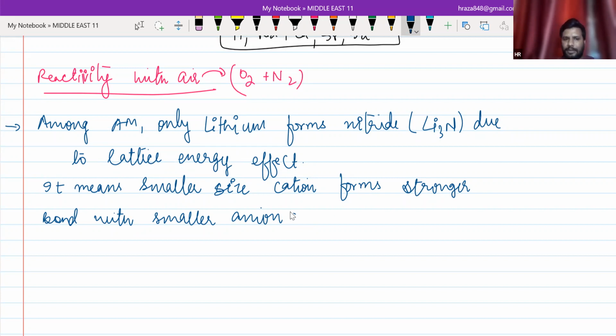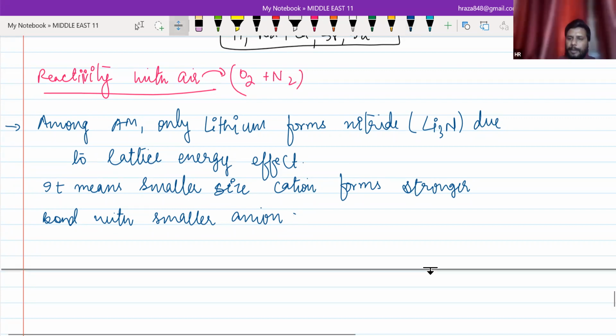This is basically the lattice energy effect. Lithium will have lower energy and nitrogen will have higher energy. When they combine with each other, the energy will compensate, and that's why only lithium forms nitride, not sodium, potassium, rubidium, cesium. Size matters. A smaller size cation reacts with a smaller size anion to form nitride. Sodium is larger. That's why sodium, potassium, rubidium, cesium do not form any nitride. Is that clear? Yes, sir.